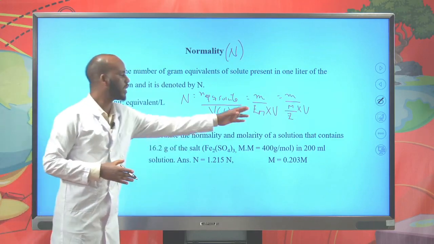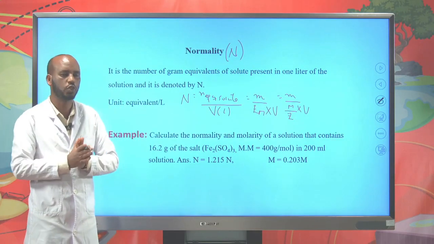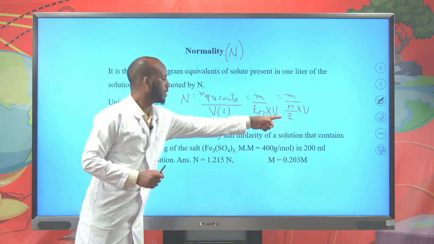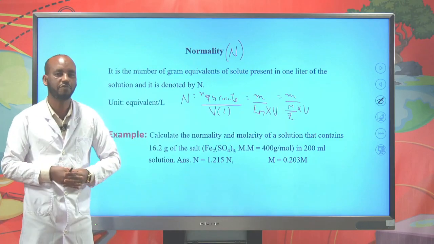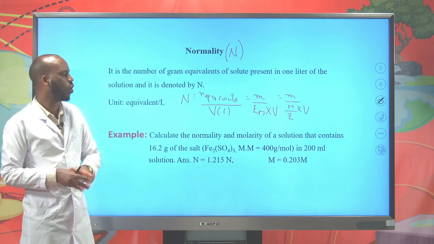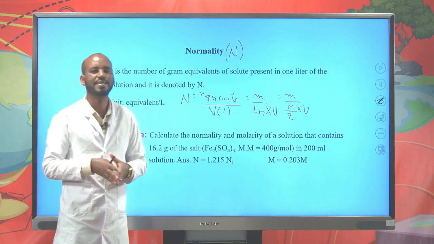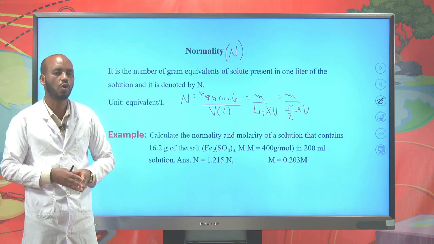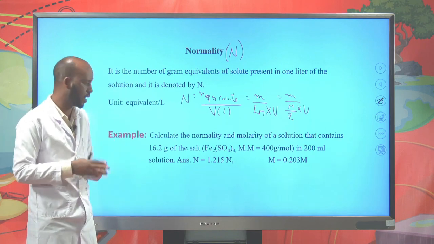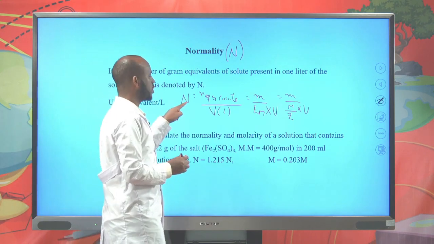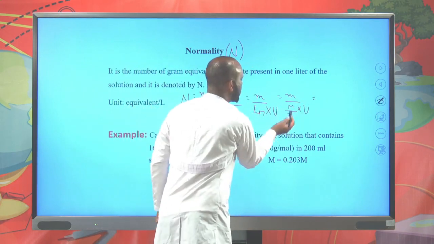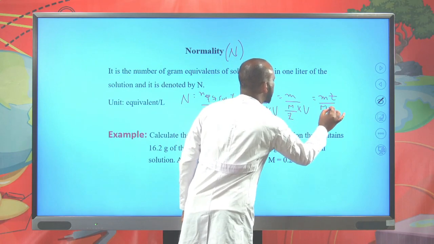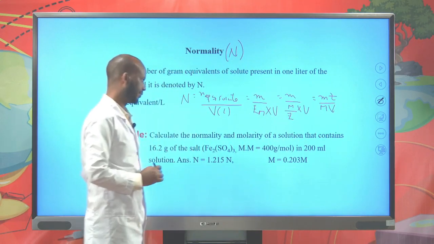For a base, Z is the number of OH minus furnished by the given base. For a salt, Z is the total positive valency. For an oxidation reduction reaction, Z is the total number of electrons gained or released. Therefore, normality of the solution equals M times Z divided by molar mass times volume of the solution.